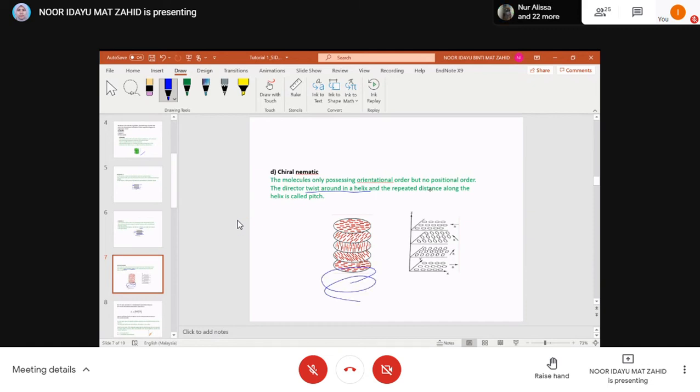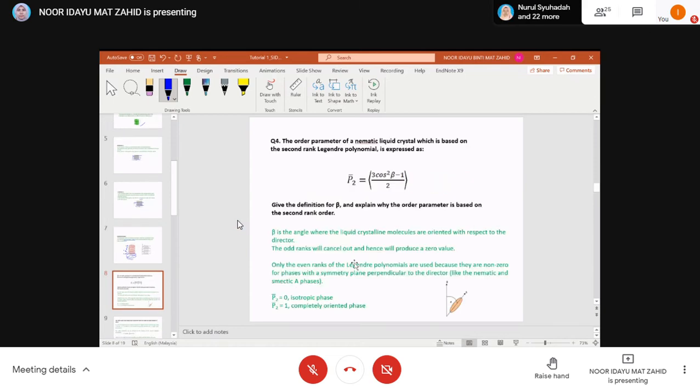For example, the director points this way, and then slowly starts to make a full twist. This full twist of the helix is called the pitch. So this is how you can describe the chiral phase.